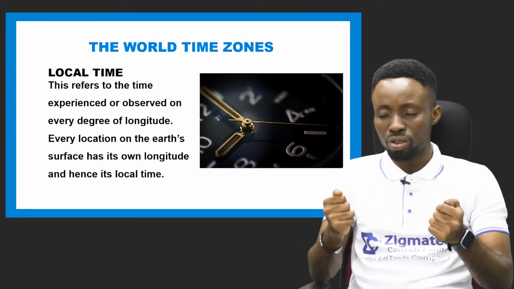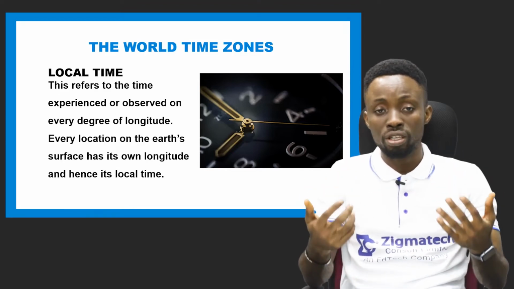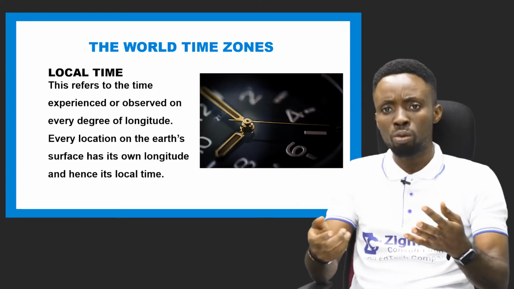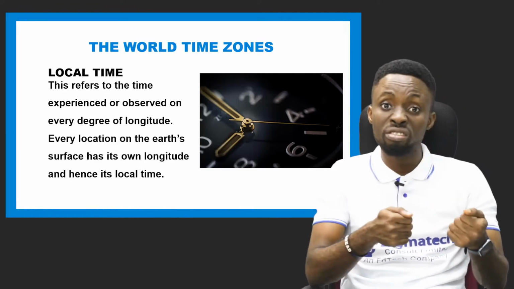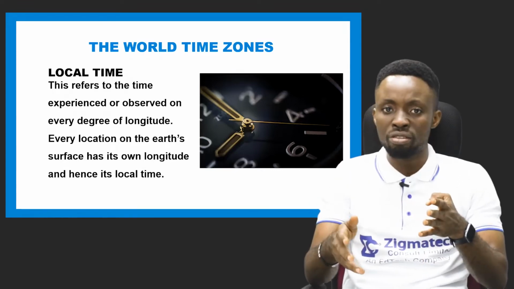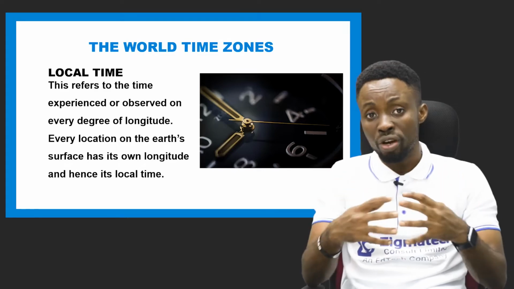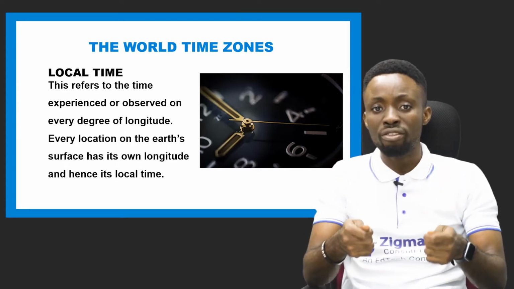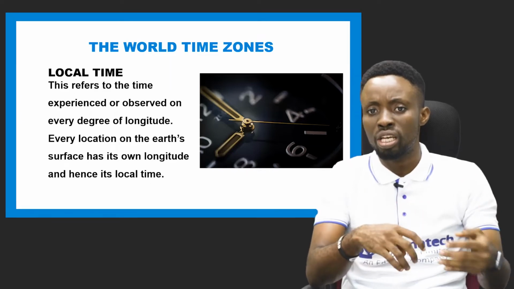That's why if you go to a particular place, let's say Nigeria, we have different local times. And to get the number of local times we have in Nigeria, you simply subtract 3 degrees east from 15 degrees east, because Nigeria is on longitude 3 degrees east to 15 degrees east. So when you do that, we are going to have 12 degrees east. So we will definitely have approximately 12 different local times in Nigeria.